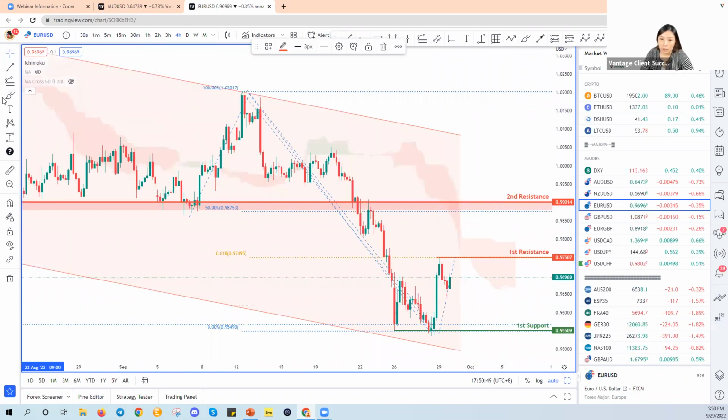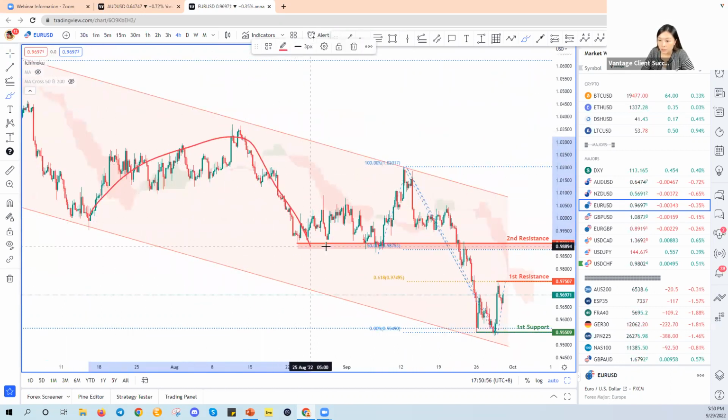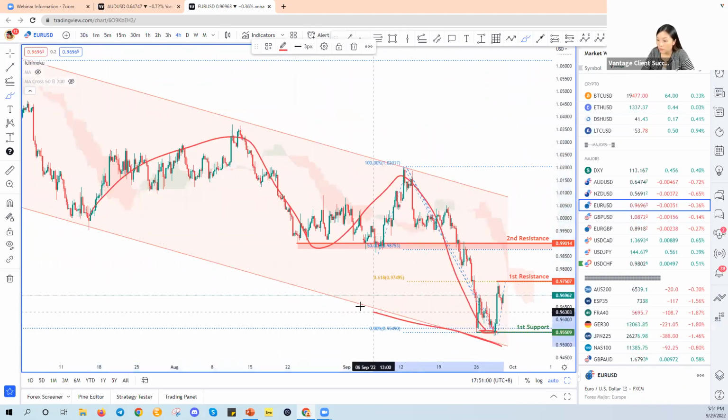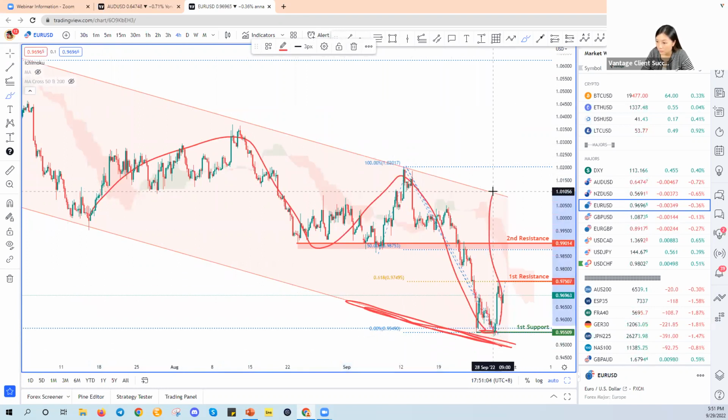Okay, so what will happen? We are looking at prices still respecting my channel itself. Right here, before the downside of the channel, it actually bounced back up. So I'm looking at it probably breaking my first resistance and second, and probably coming up slightly a little bit more.